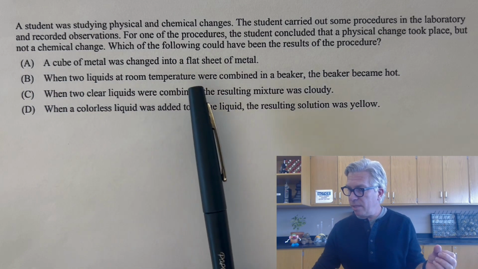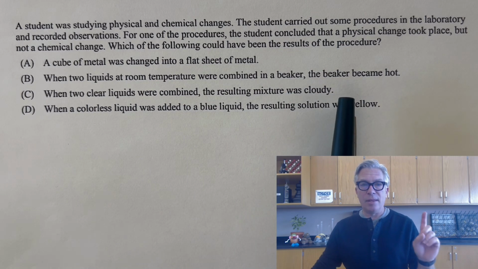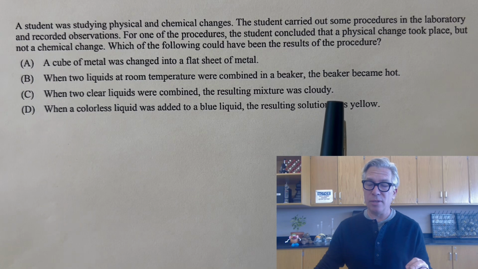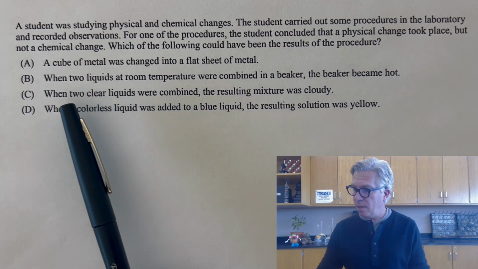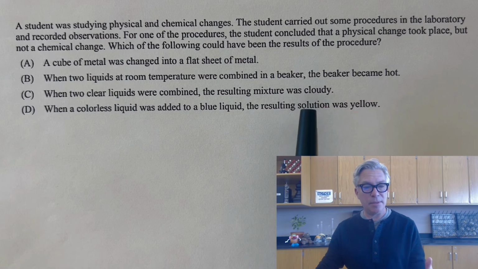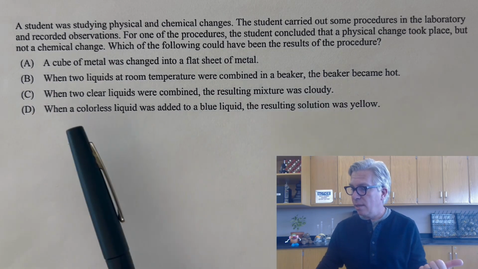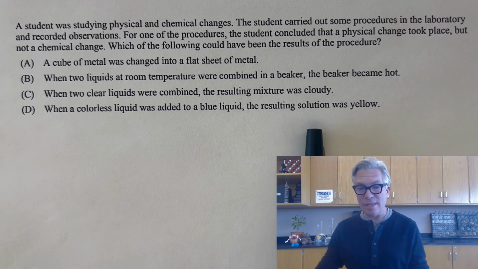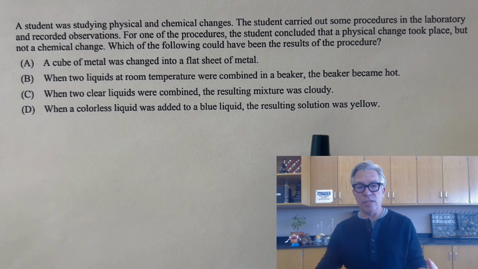When two liquids at room temperature were combined in a beaker, the beaker became hot. Okay, that's spontaneous production of heat. That usually indicates a chemical change, not a physical change. When two clear liquids are combined, the resulting mixture was cloudy. That's kind of like a precipitate. That's on our list of chemical changes. And when a colorless liquid is added to a blue liquid, the resulting solution was yellow. So color changes.